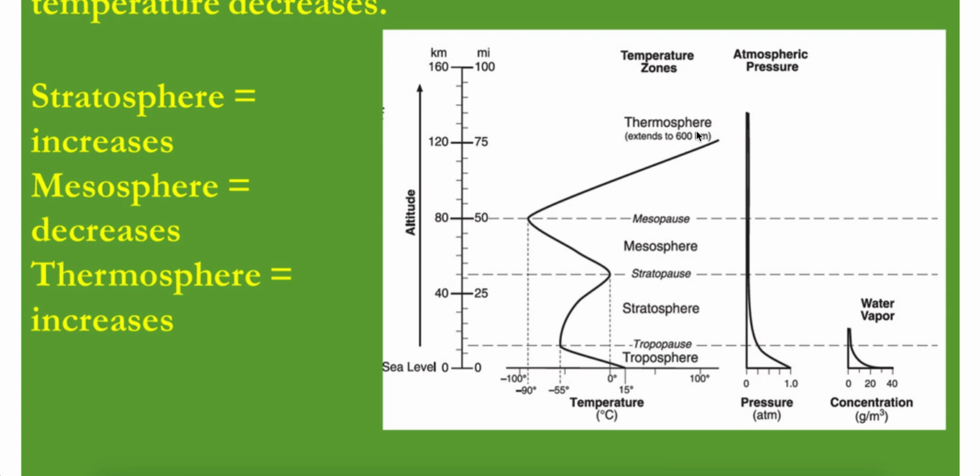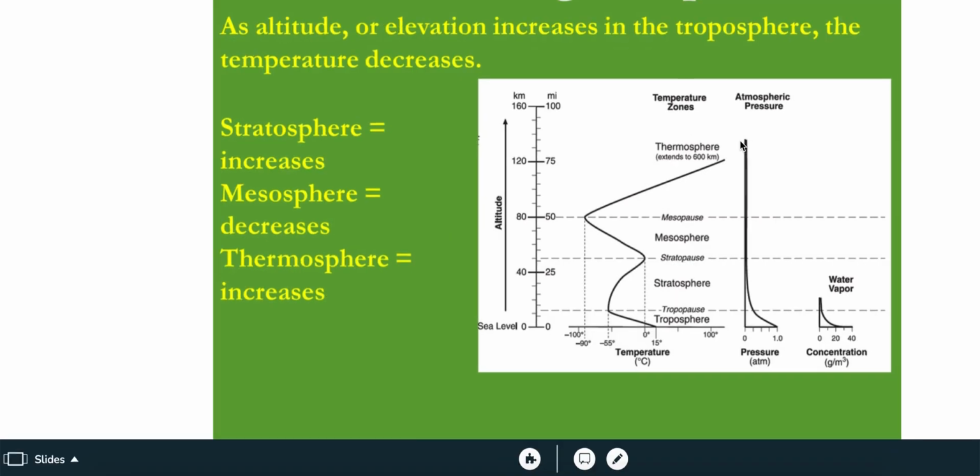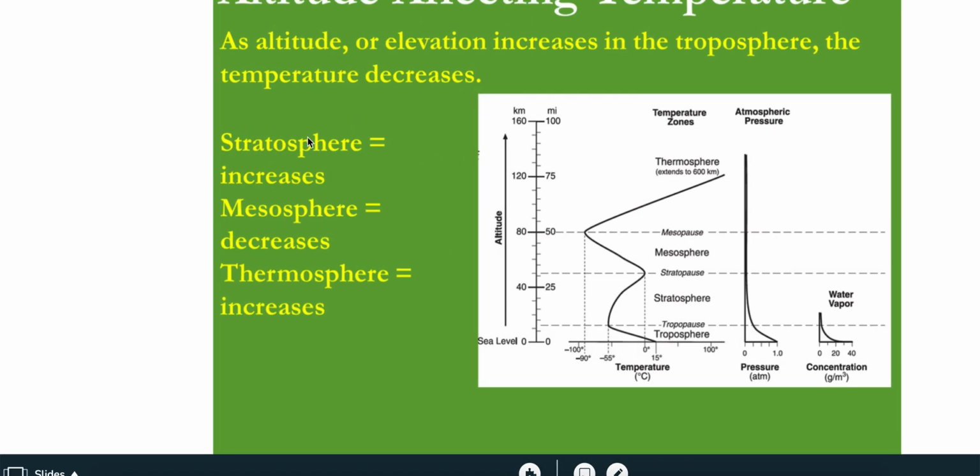So it's a pretty big extension as you get farther away from Earth and go into outer space around us. So we have the stratosphere with an increase in temperature, the mesosphere with a decrease, and the thermosphere with an increase.